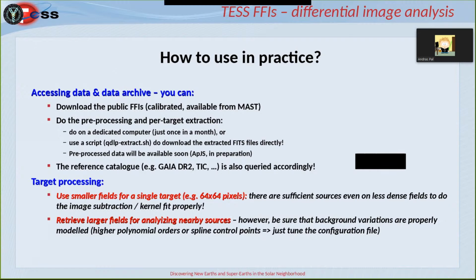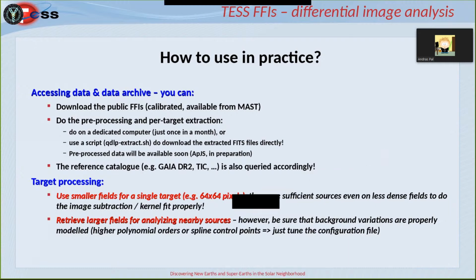But if your field of view is larger, like 200 by 200 or 300 by 300 pixels, then the larger spatial variations could also distort your photometry, which means that there is a kind of optimal size, which we found is around 60 by 60 pixels or something similar.